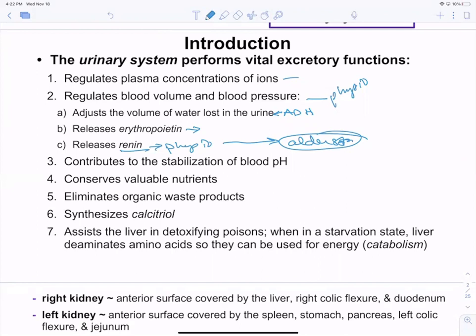They're suprarenal, and renin is an enzyme that converts angiotensin 1 to angiotensin 2, which stimulates aldosterone to be released, and aldosterone then targets the kidneys and the nephrons, to be specific. So we go through this cycle again in physio. And so there is this adrenal or suprarenal function along with the kidneys, as well as stabilization of pH.